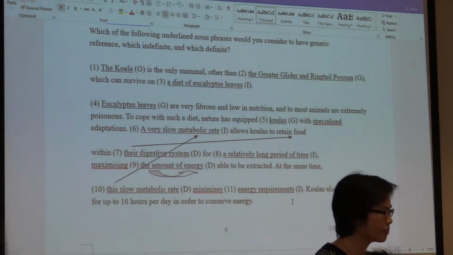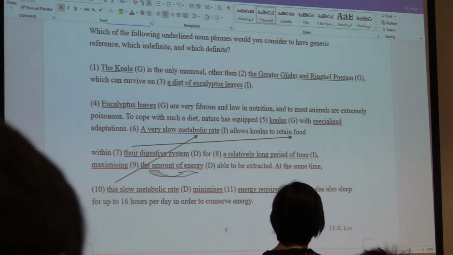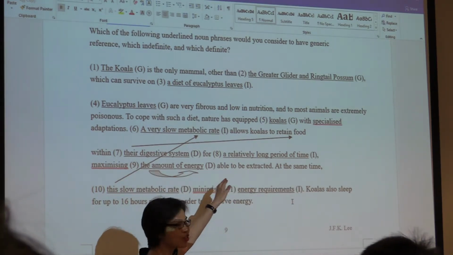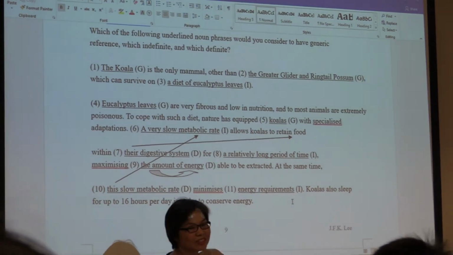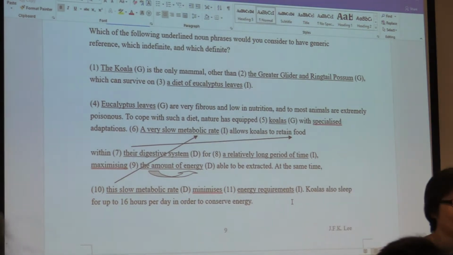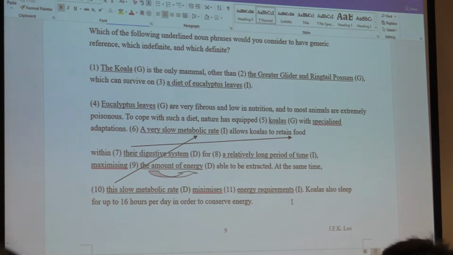Why number 9 is definite? So here is about the amount of energy. Can you see the article there? The amount of energy. So when you see the article there, it can never be indefinite.